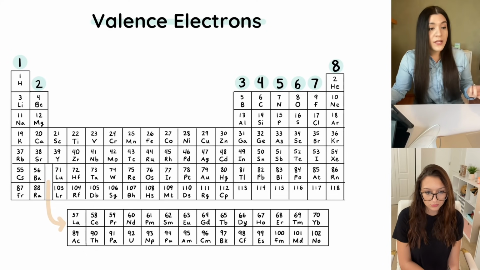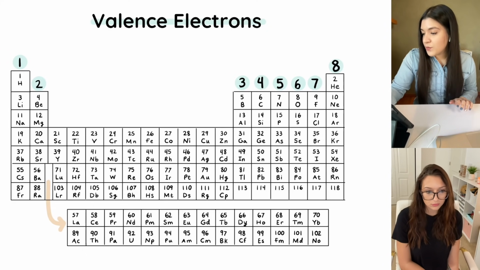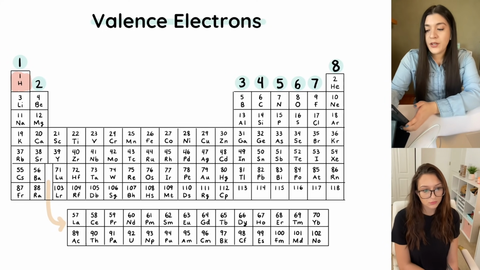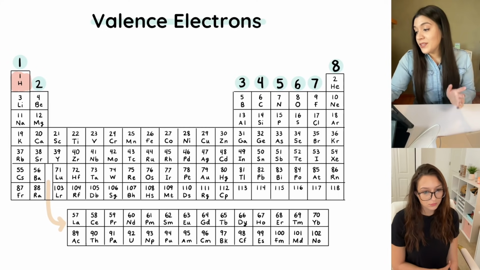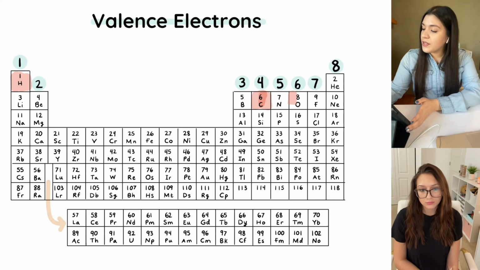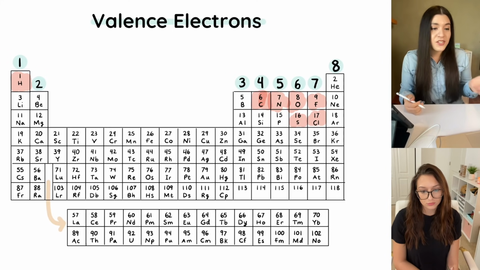So some of the most common atoms that we're going to see, I'll just highlight them real quick. So definitely hydrogen, that's going to be something that's really known. We're going to see that so much. Carbon is one of the most used atoms, I would say, for Lewis structures. Same goes with oxygen. Same goes with, let's see, nitrogen. And then we probably are going to see some fluorine, chlorine, sulfur, and pretty much a lot of the nonmetals.